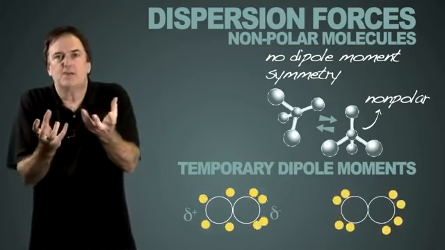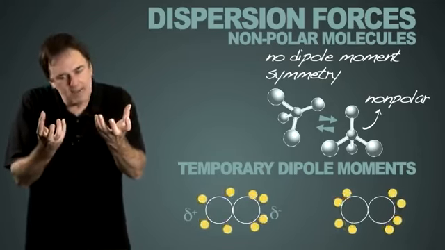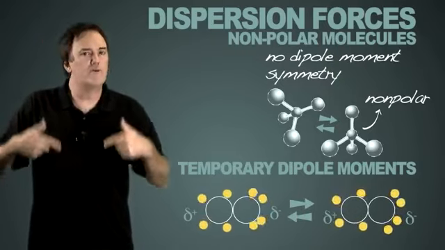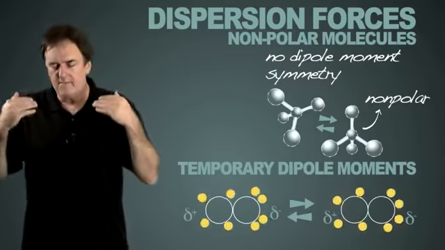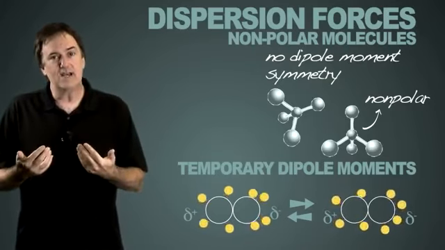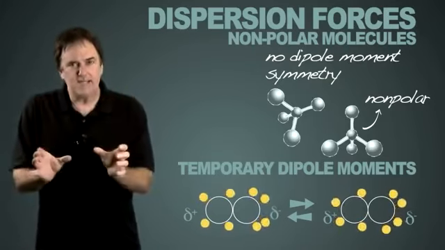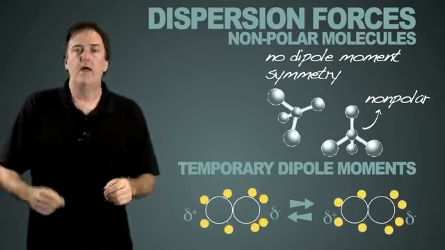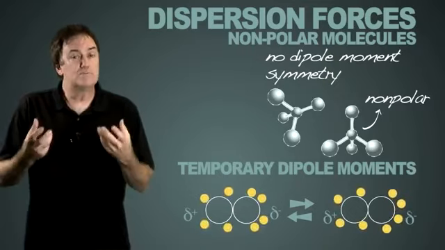And another molecule is going to get caught in that same time, and there's going to be an attraction there. This will change over time and time again in very fast time frame, yet the attraction is there. So it's a very slight attraction. It's not nearly as strong as a permanent dipole, but that's what we call dispersion forces.